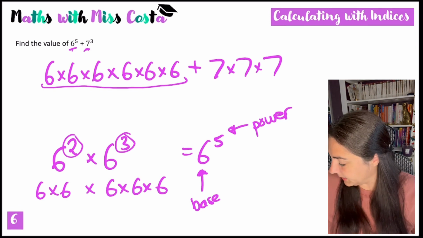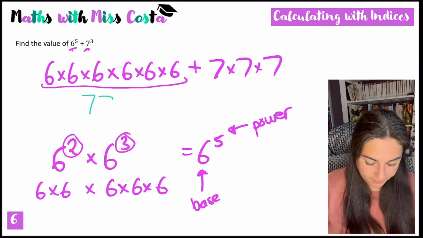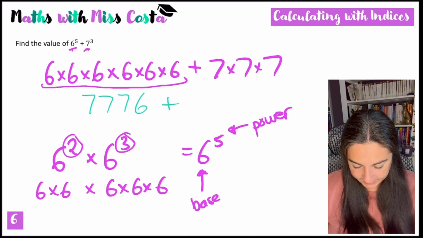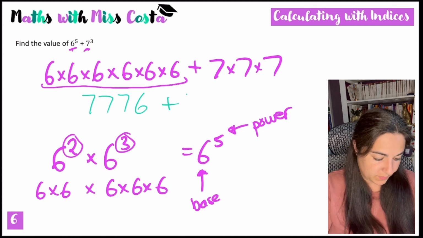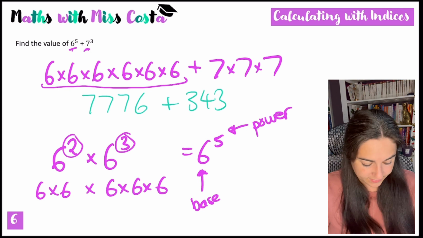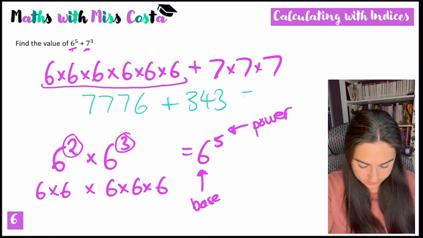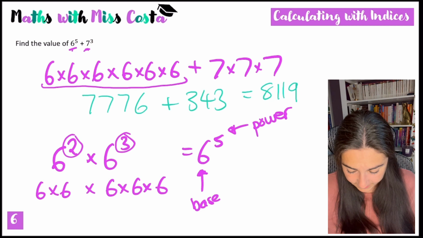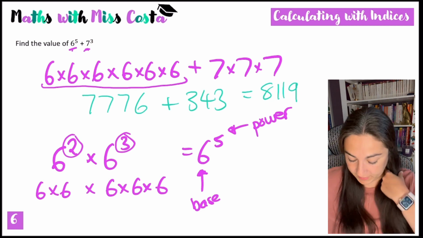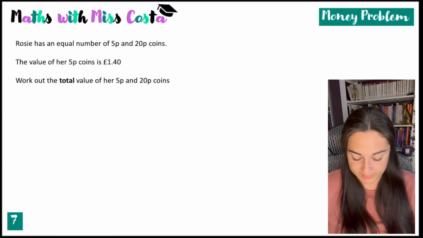So that gives you 7,776, and 7 cubed is 343. So you just add those together and that's your answer. So 8119. If you do have something that has the same base, then you can use the laws of indices.